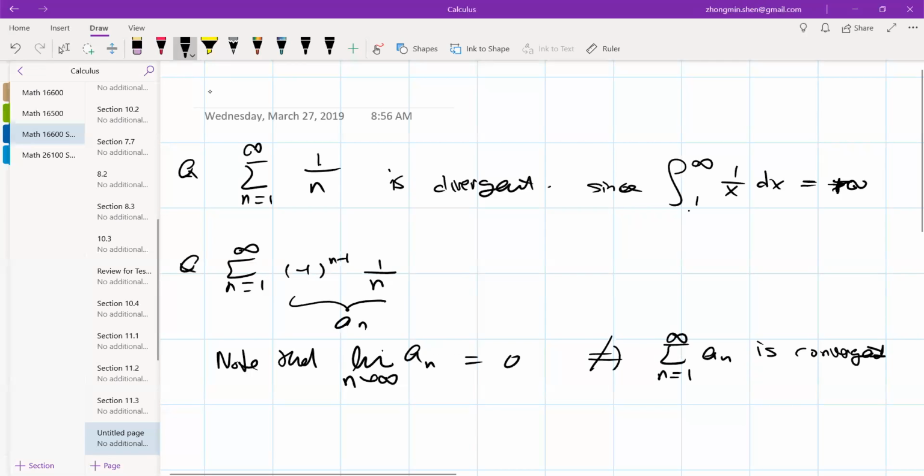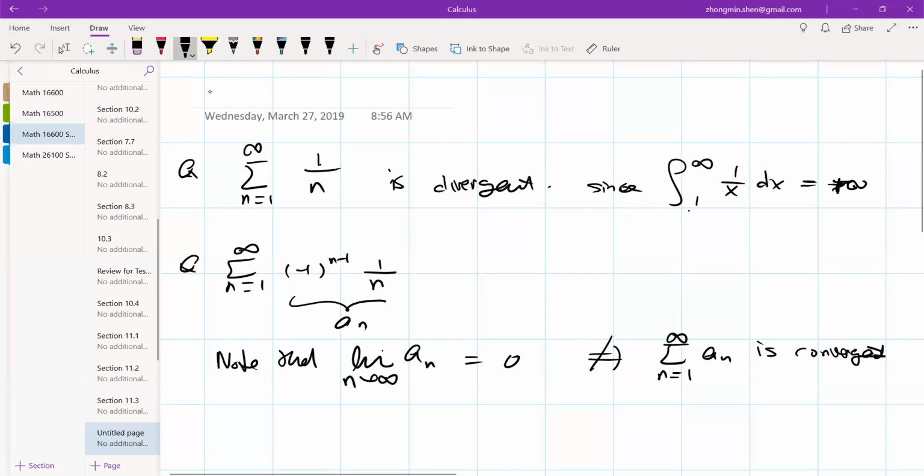So when I grade your homework, quiz or test, even if your answer is correct, say it's convergent, you cannot get credit because your argument does not support it. You use the wrong argument to prove it's convergent. You only observe that the nth term approaches 0.